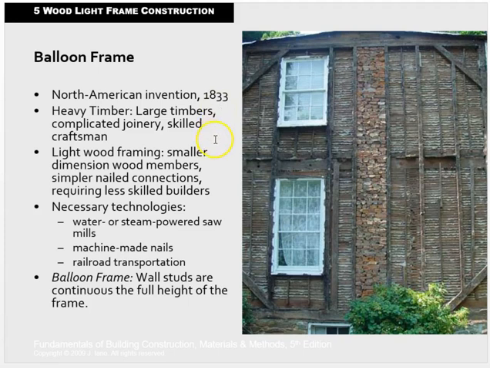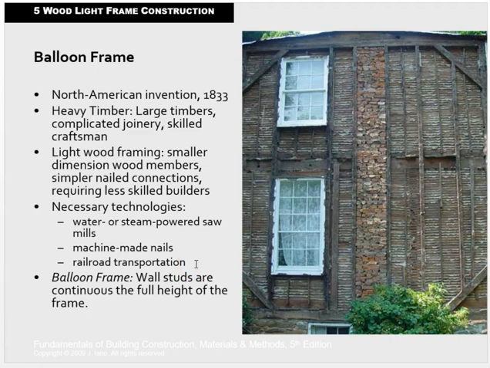Again, we discussed heavy timber framing, and in contrast, this light wood framing uses small dimensional lumber and simple nailed connections, and required less skilled craftsmen. The technologies necessary to make this dimensional lumber framing work were water or steam powered sawmills to cut the timbers, machine made nails to make all this fastening doable, and railroad transportation to get the materials out.